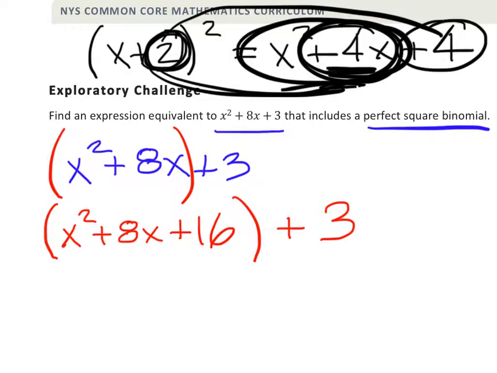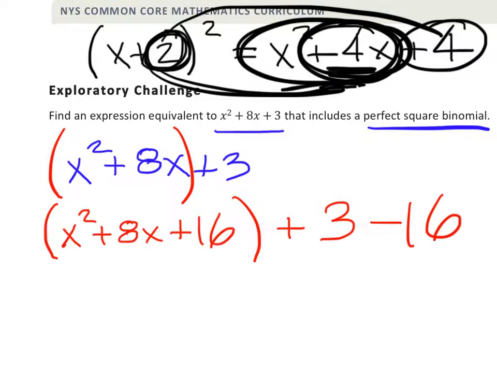What do I do outside the parentheses? If I add 16 inside of it, I've now increased the value of the expression by 16, which means it's no longer equivalent. If I want to bring it back down to where it is equivalent, then what operation must I do outside of it? I have to subtract 16.